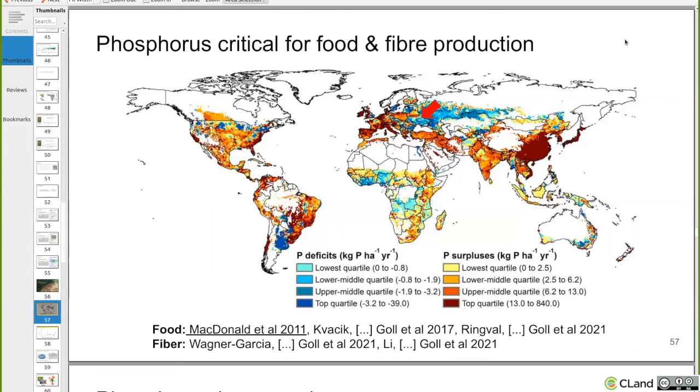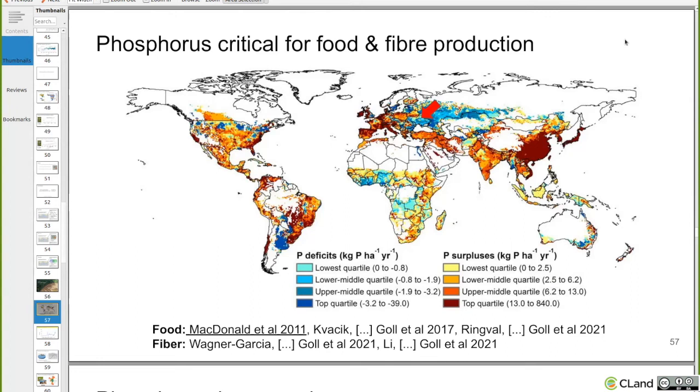On the one hand, phosphorus is critical for food production. Phosphorus is a fertilizer which is supplied widely, not only for food, but also for fibre production. We have a paper on that too. Here you can see a map from McDonald showing areas in red where farmers apply more phosphorus than they actually need to sustain crop productivity, and in blue areas where they don't supply enough phosphorus to realize the full crop production potential given by the climatic conditions.